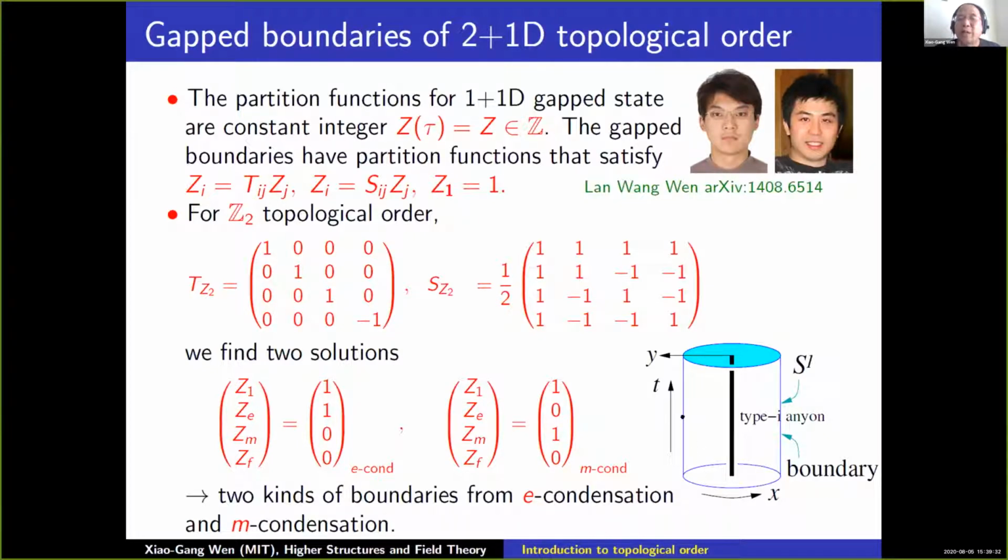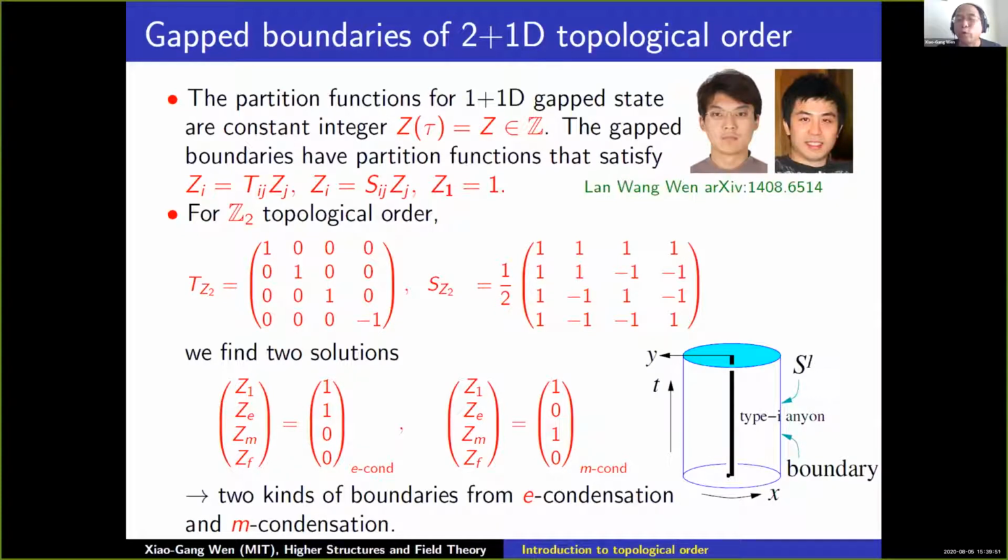The boundary can absorb the E particle means E is condensed. So therefore, we have an E appear in the bulk, and the boundary absorbs another E, and so that's this one.